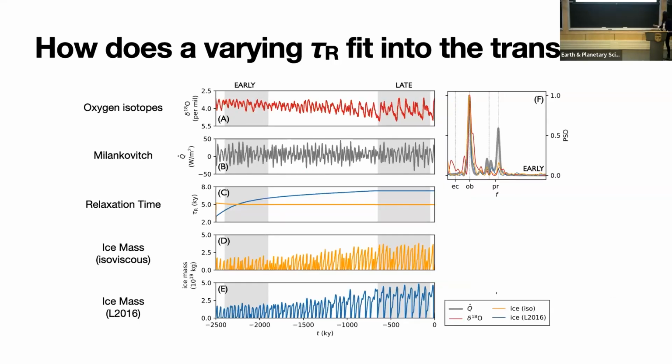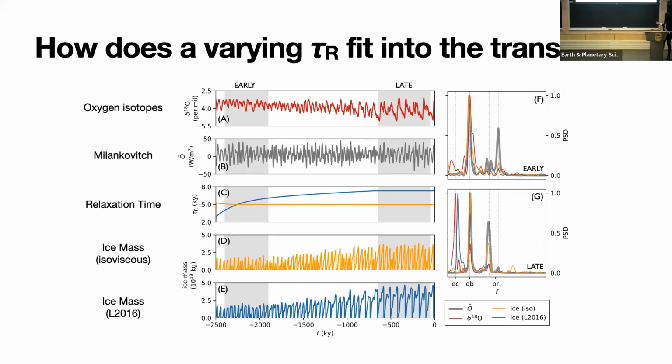And so just to kind of emphasize this point, here's the power spectra of all of these records from the early part of the time series. What you see is this dark gray line. Here's the eccentricity, the obliquity, and the precession. What you see is that it's dominated by the obliquity cycle, which is what we expected. And so is the ice and the oxygen isotope record.